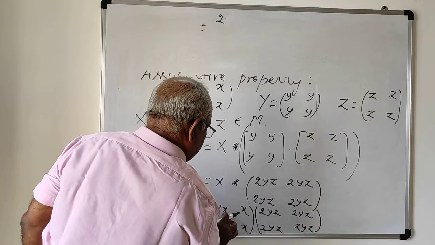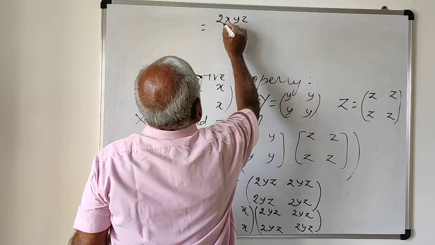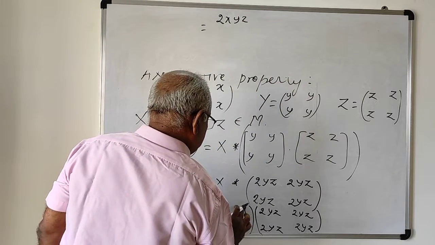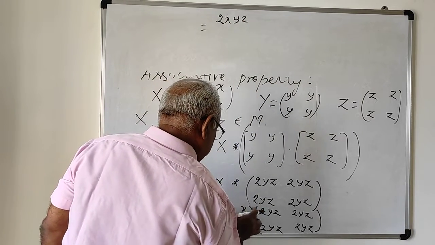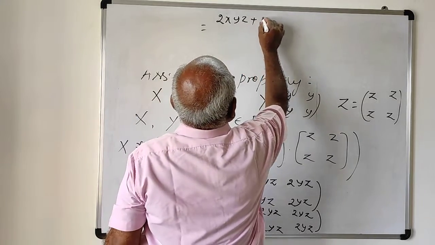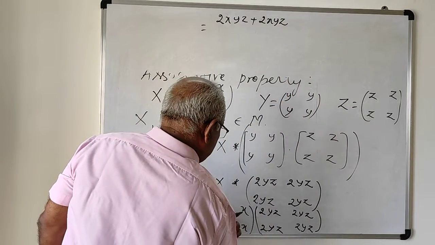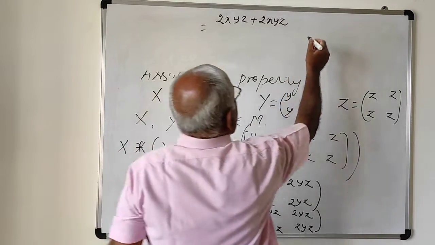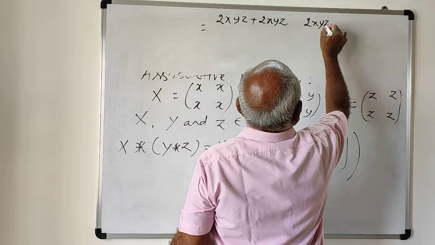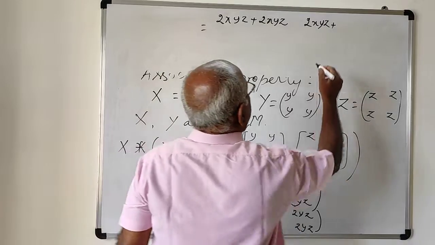First row, first column: X into 2YZ, that is 2XYZ, plus 2XYZ. Like that, first row, second column: X into 2YZ, that is 2XYZ, plus 2XYZ.